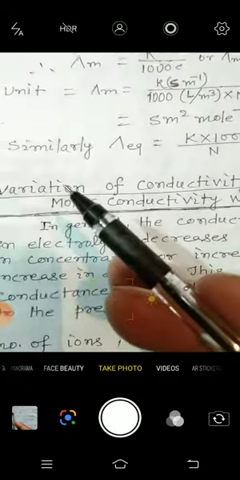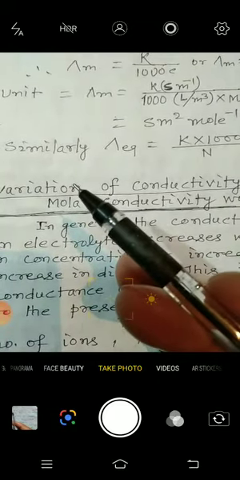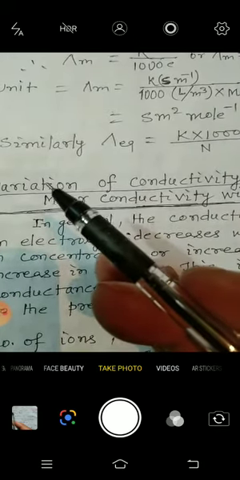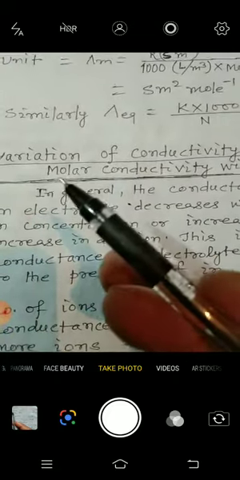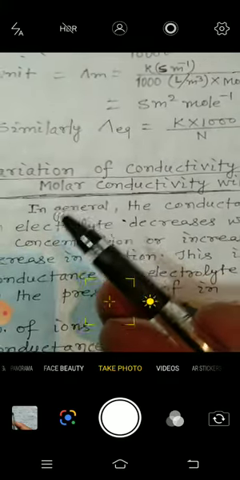Very important. So try to understand it. You must have the concept of it, because students always become confused about it. So try to understand it seriously.